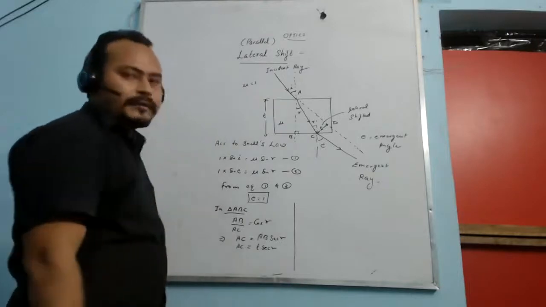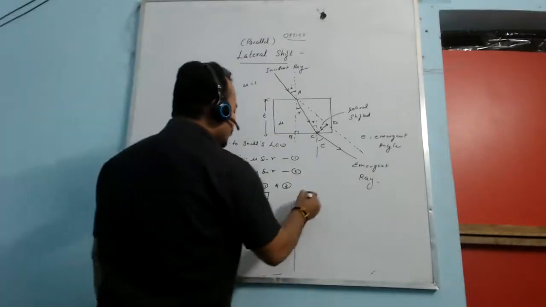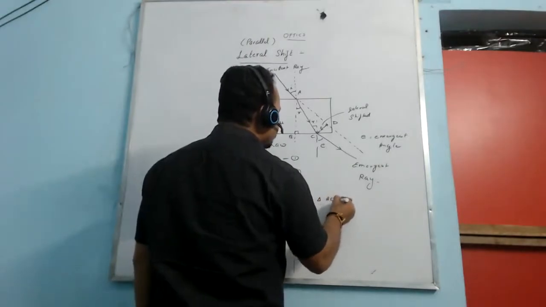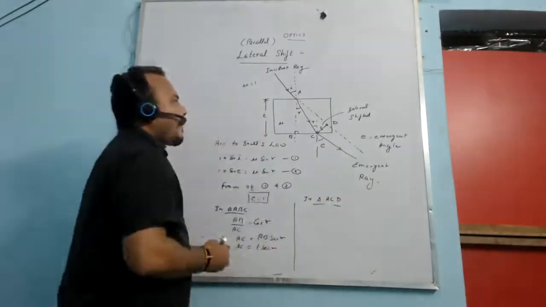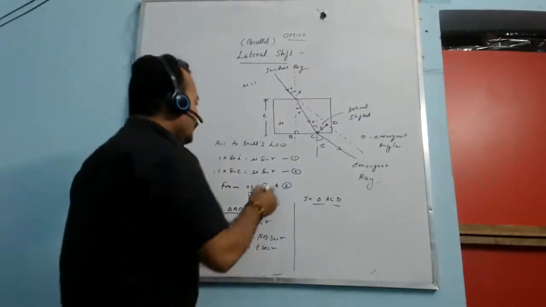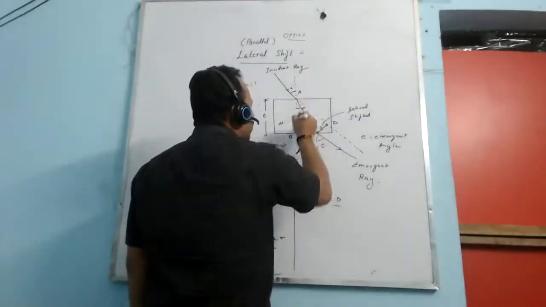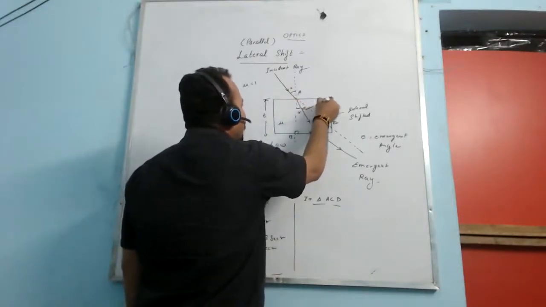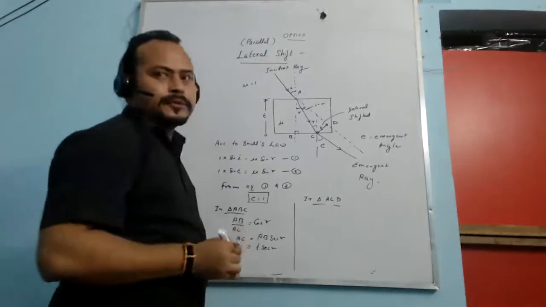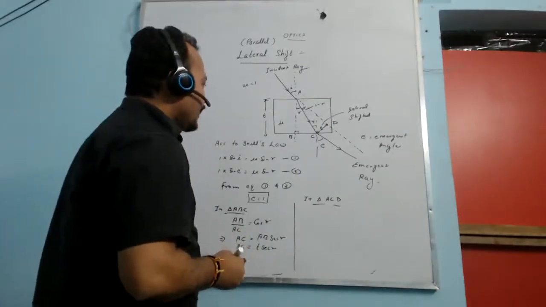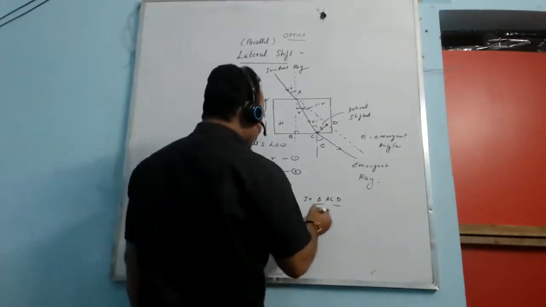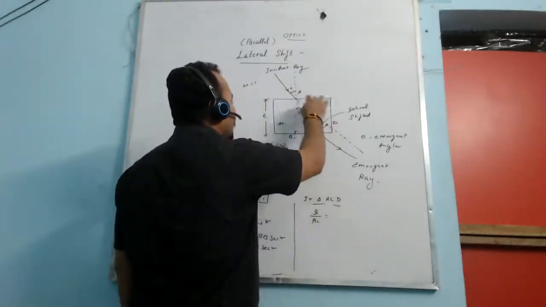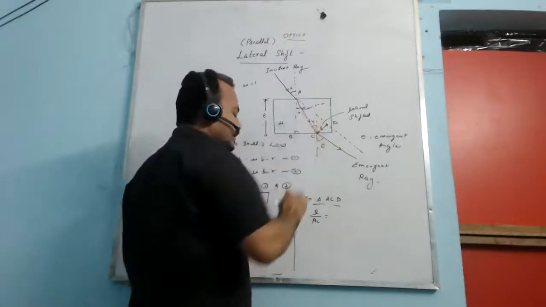Now we can also calculate the value of L in triangle ACD. Look here, we know the value of AC. What is the value of this angle? This angle is I, this is R, so this angle becomes I minus R. L acts as the perpendicular for triangle ACD, and AC acts as the hypotenuse.